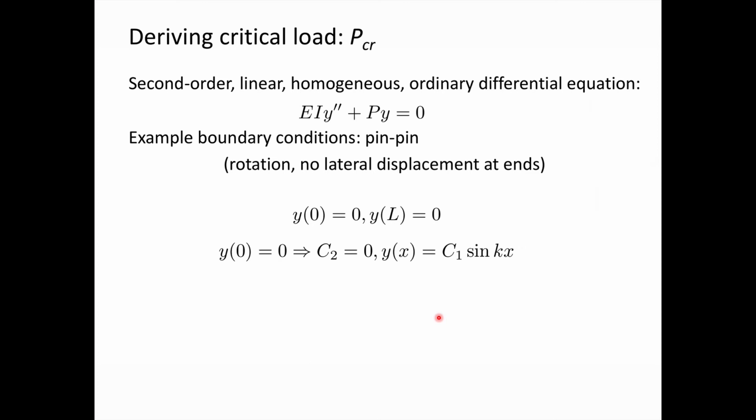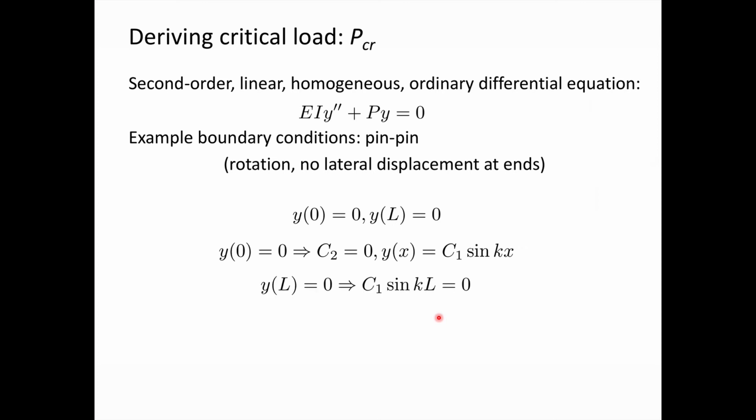We take these boundary conditions and assume these are the case one at a time, and then we can go back through the assumed solution form and solve for the unknown coefficients. So here we see that C2 is equal to 0, so that term just completely goes away. And then we can see that y of x is equal to C1 sine kx.